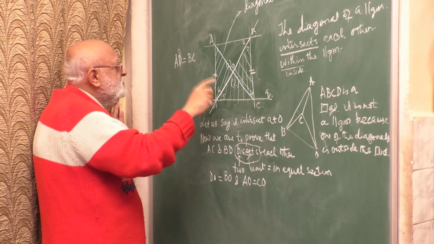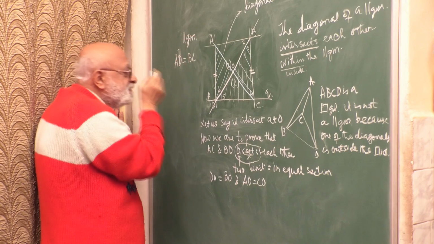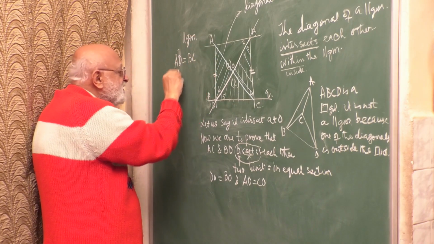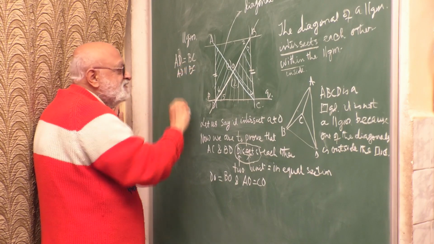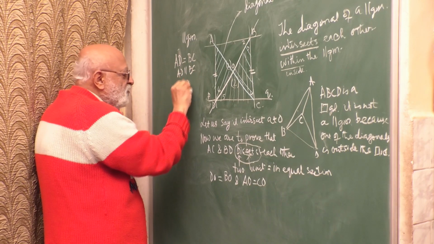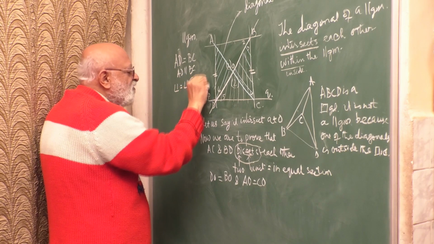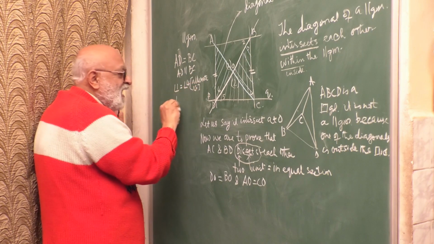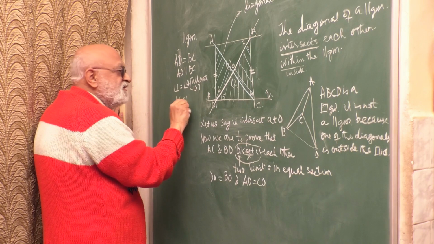So this is a parallelogram in which AD equals BC, and since AD is also parallel to BC, we can say angle 1 is equal to angle 4, alternate angles, and angle 6 is equal to angle 3.